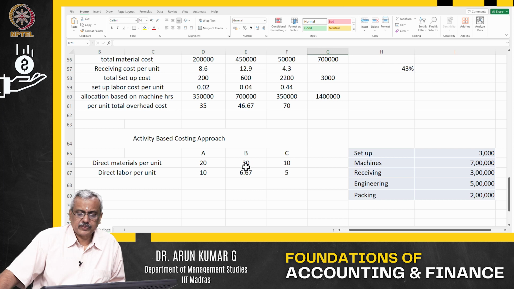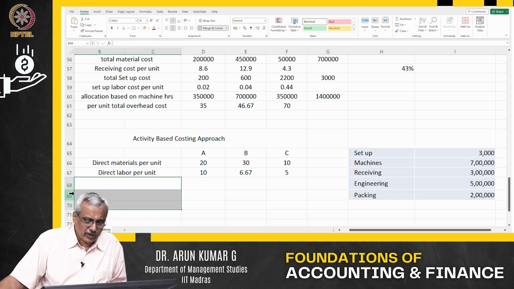We have just pasted it. Now we have to look at these overheads one by one.